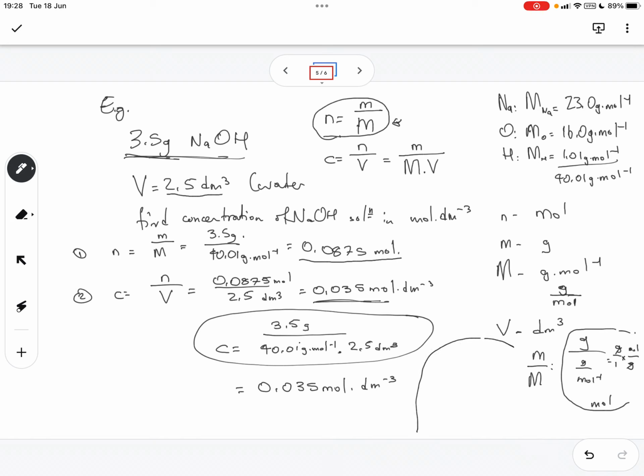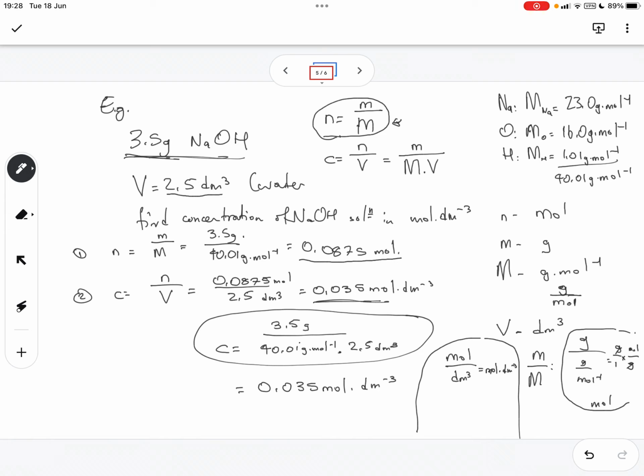And then for concentration, that means we will have moles divided by volume, dm cubed. This is why the units are mole per dm cubed.